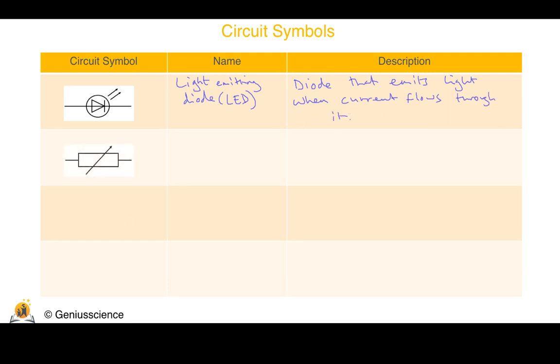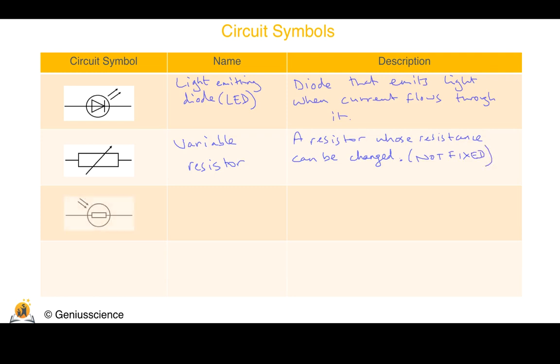This circuit symbol appearing here is the circuit symbol for a variable resistor. And this is a resistor whose resistance can be changed. In other words, its resistance is not fixed.